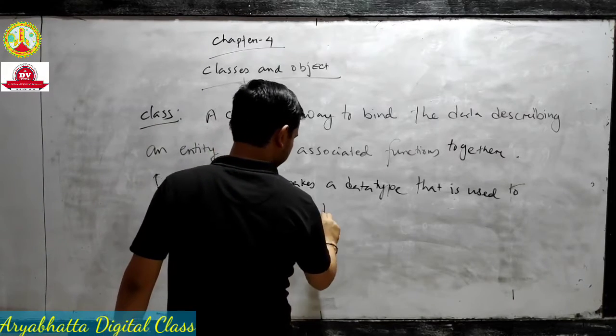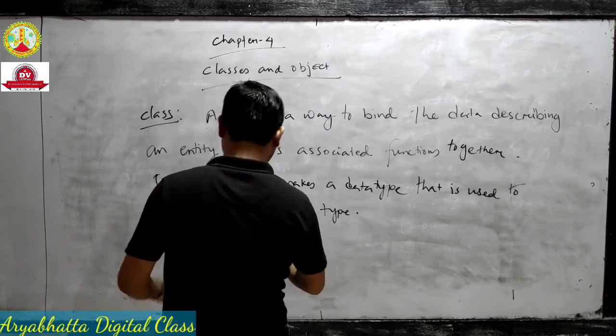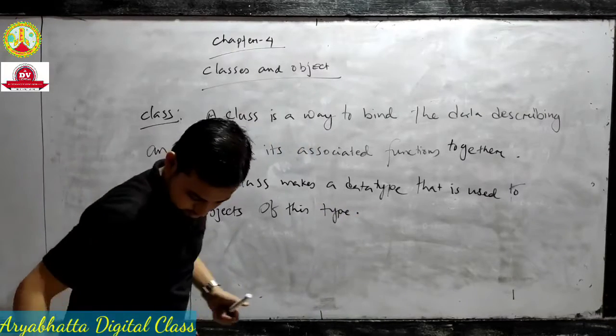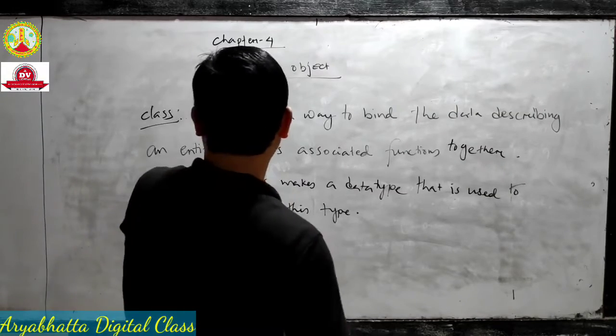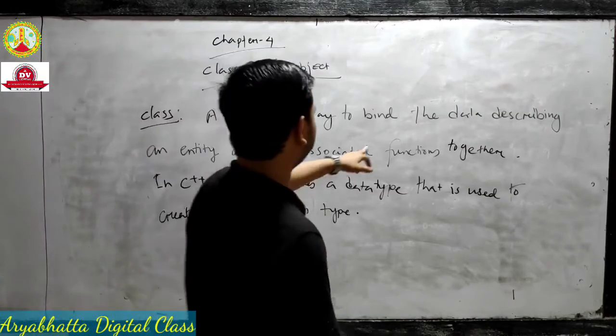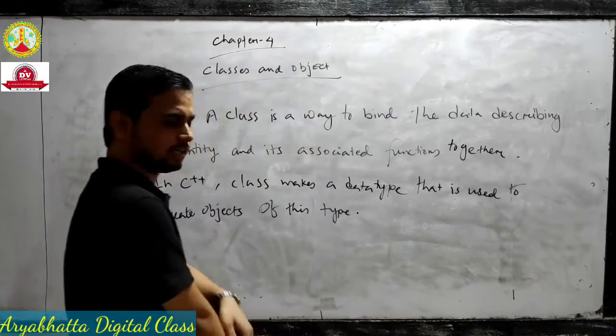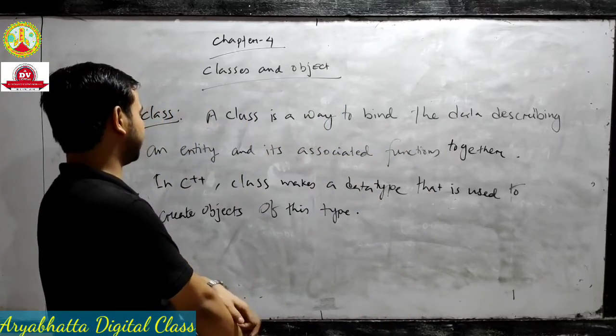Okay, you see this. What is a class? A class is a way to bind the data describing an entity and its associated functions together.